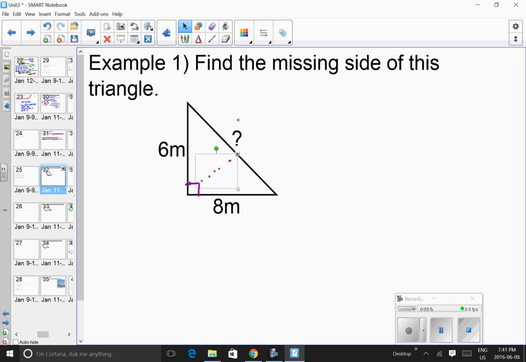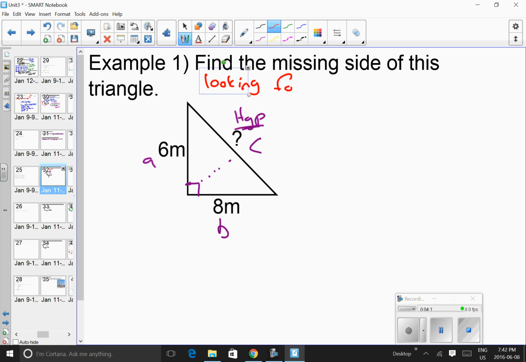That means this is the hypotenuse. Which means when we're labeling it, this has to be side C. And the other ones can be A or B. All right, so for this example, we are looking for the hypotenuse.